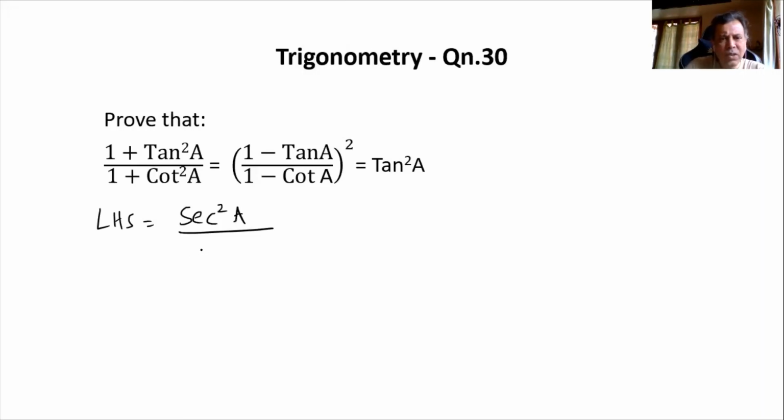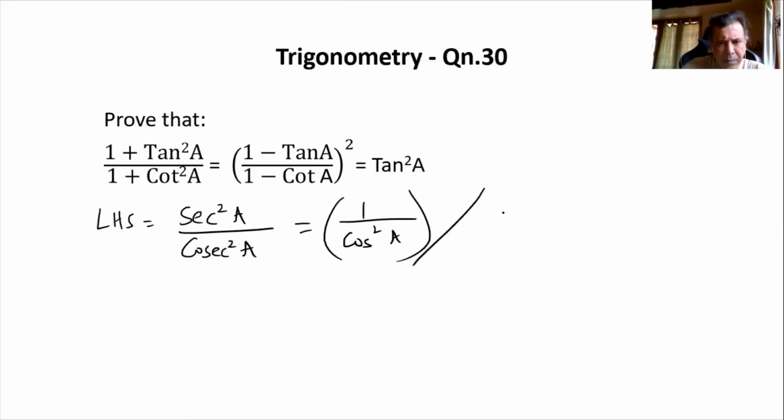Denominator 1 plus cot square A, third trigonometric identity, which I can write as cosecant square A. So what is that? Secant square A can be written as 1 by cos square A, divided by cosecant square A, which can be written as 1 by sine square A.